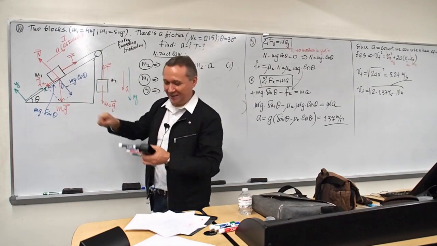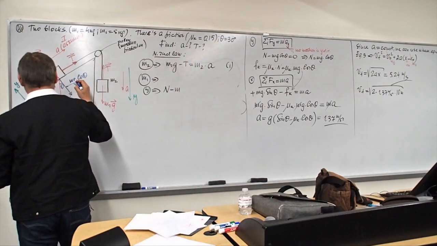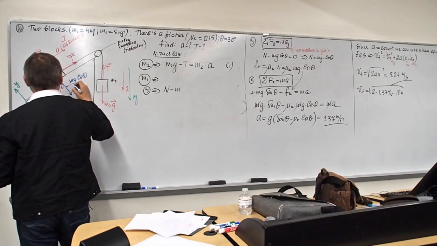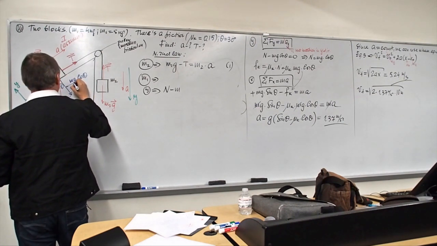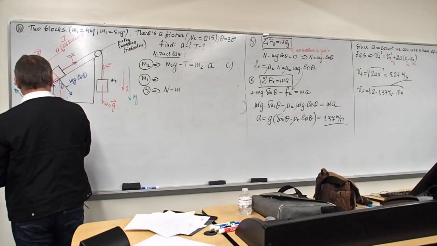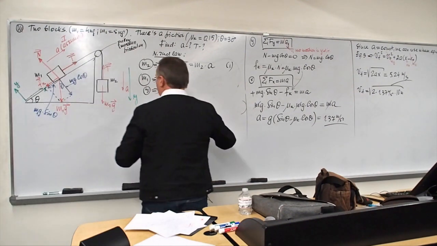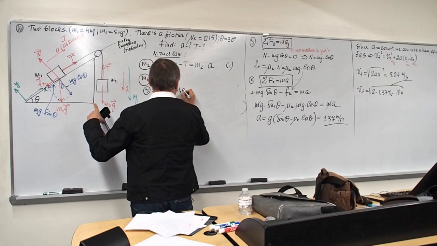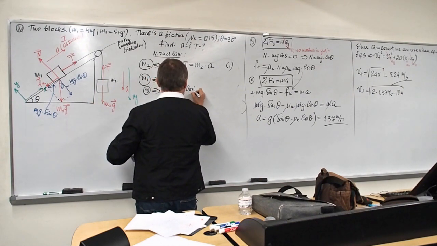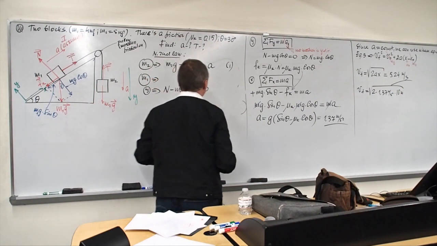I warned you, and I'm making the same mistake. But sooner or later, of course, I will realize. It's m1, so minus m1 g cosine theta, and that's it, equals 0.